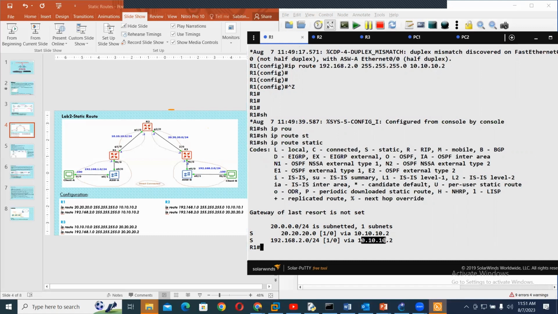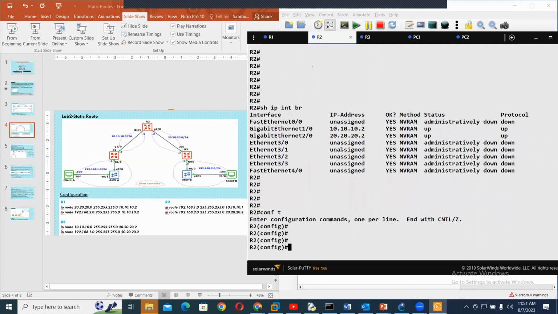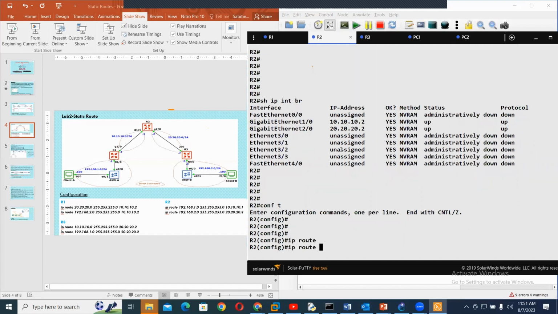and for this, we have to pass through the same next hop. So we have to configure R2. IP route. Now we have destination 192.168.1.0 255.255.255.0.